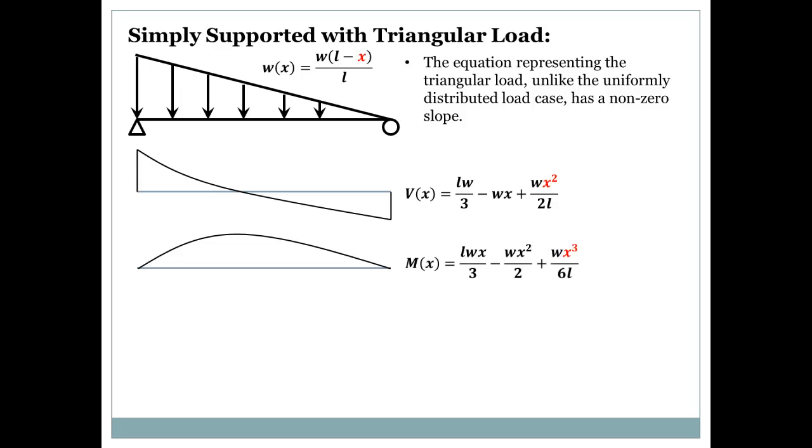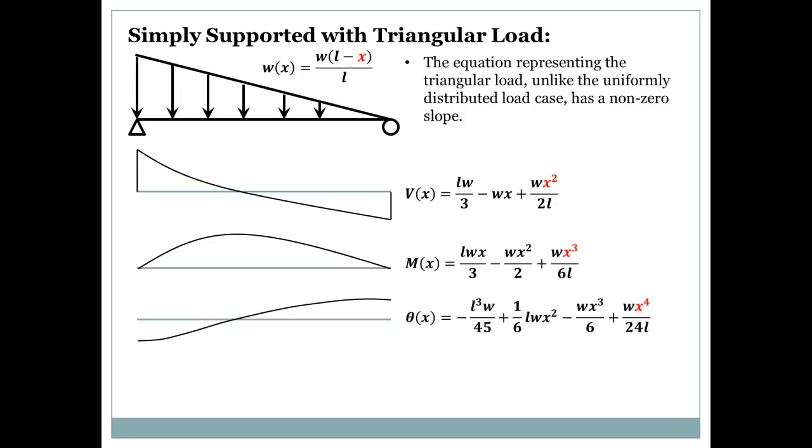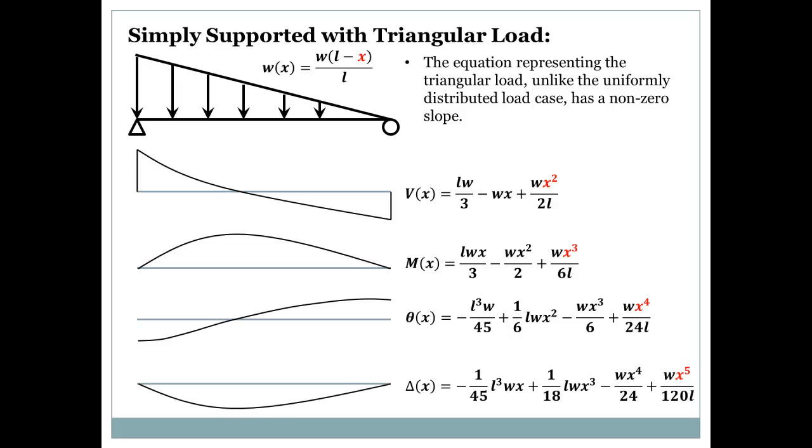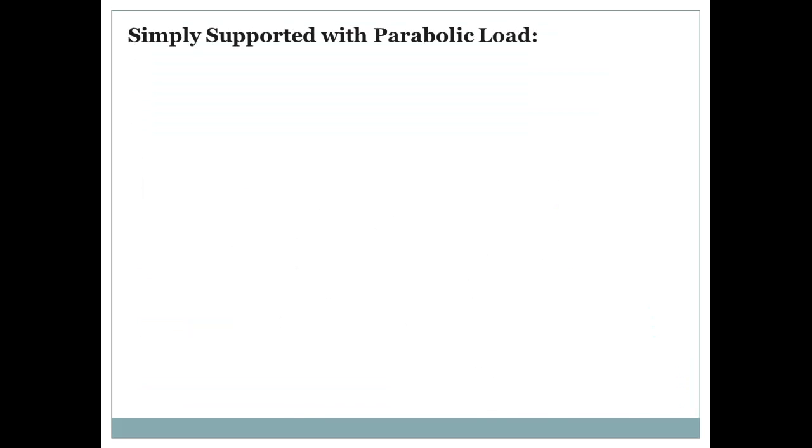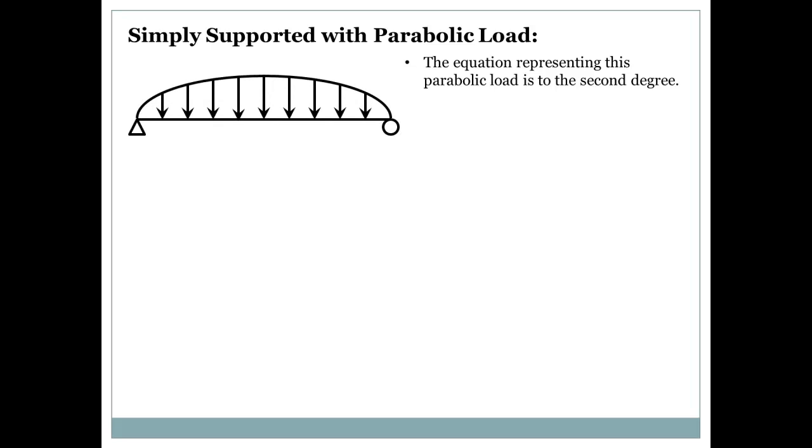And for the moment, it's to the third power, the rotation is to the fourth power, and the deflection is to the fifth power. Now let's do the parabolic case. What if you have a beam that looks like this? It has a loading pattern that looks like this.